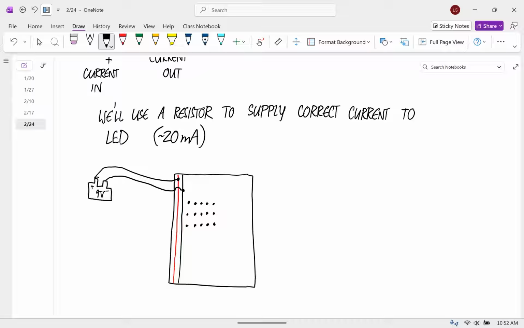And so now I'm going to go from the positive rail to one of these, and I'm going to go to the 330 ohm resistor. And then I'm going to go from the resistor to the LED.